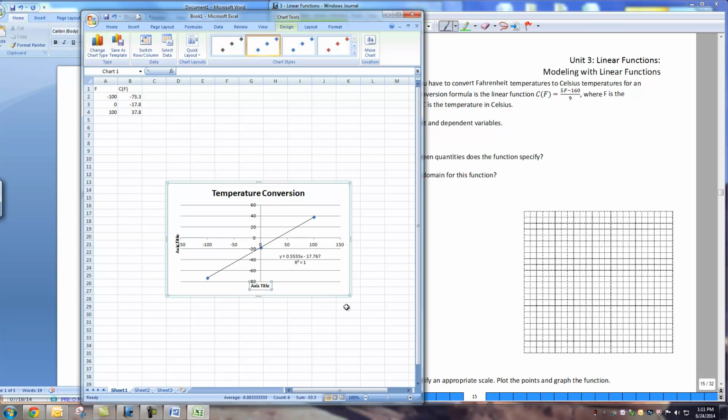Enter. Down here is Fahrenheit. And over here is Celsius. And that's it. Then you click on the chart, you go Control C.